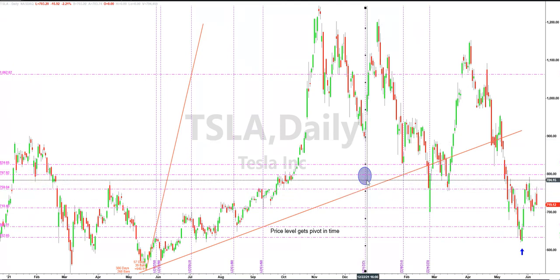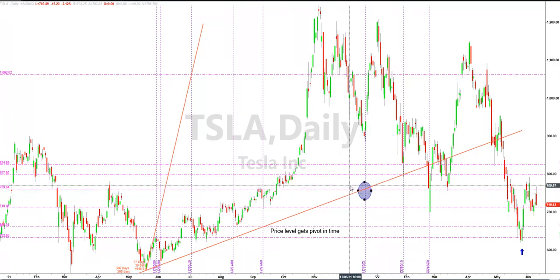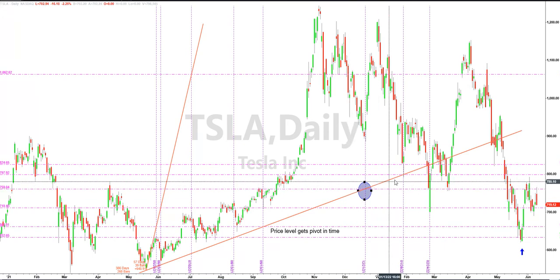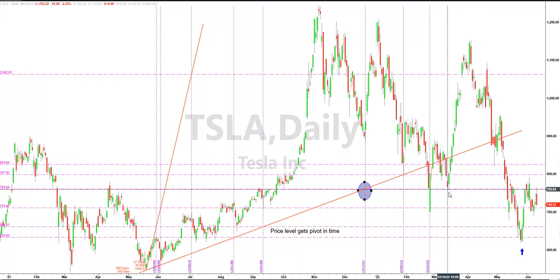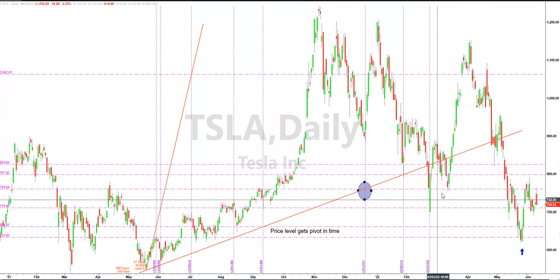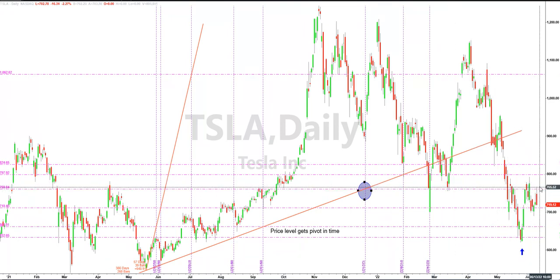That crosses the angle right here, giving me this horizontal line at about 760. You can see that was breached, came right back through out of there, became support in front of a big run up, then became a resistance area here, here, and here.